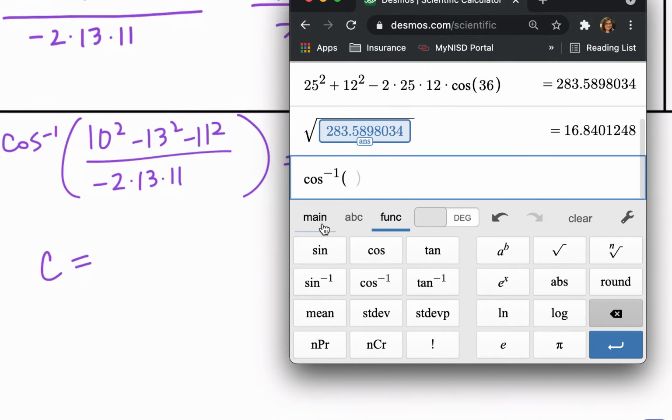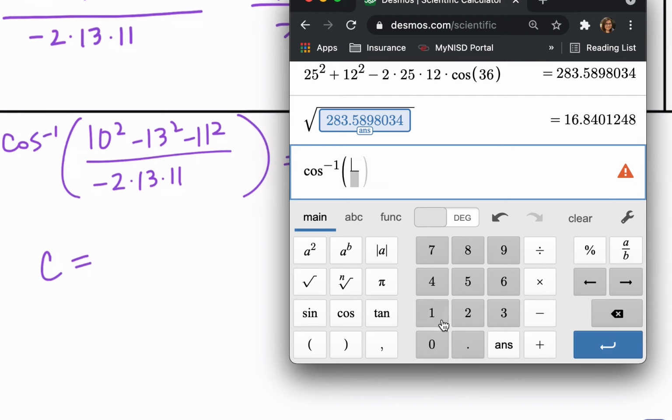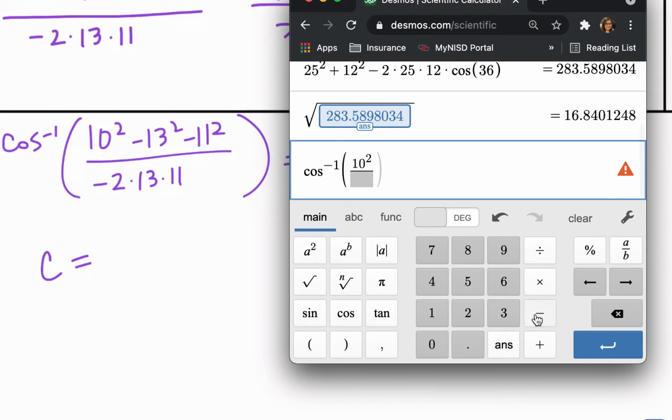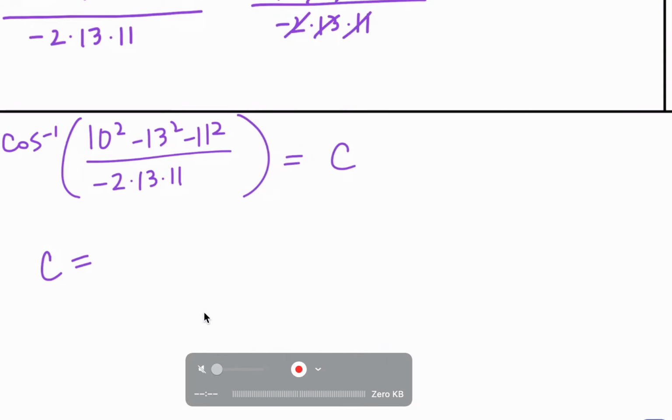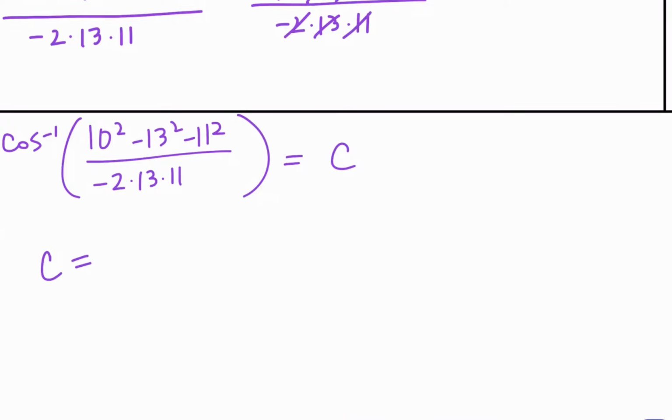So cosine inverse of 10 squared minus 13 squared minus 11 squared over negative 2 times 13 times 11. Okay, and there we get 48.4. So the measure of that angle is 48.4 degrees.